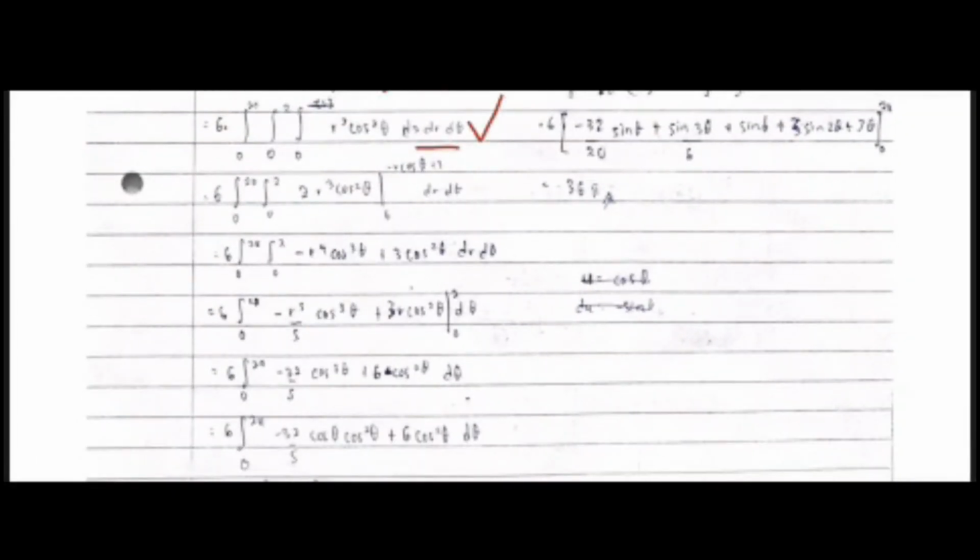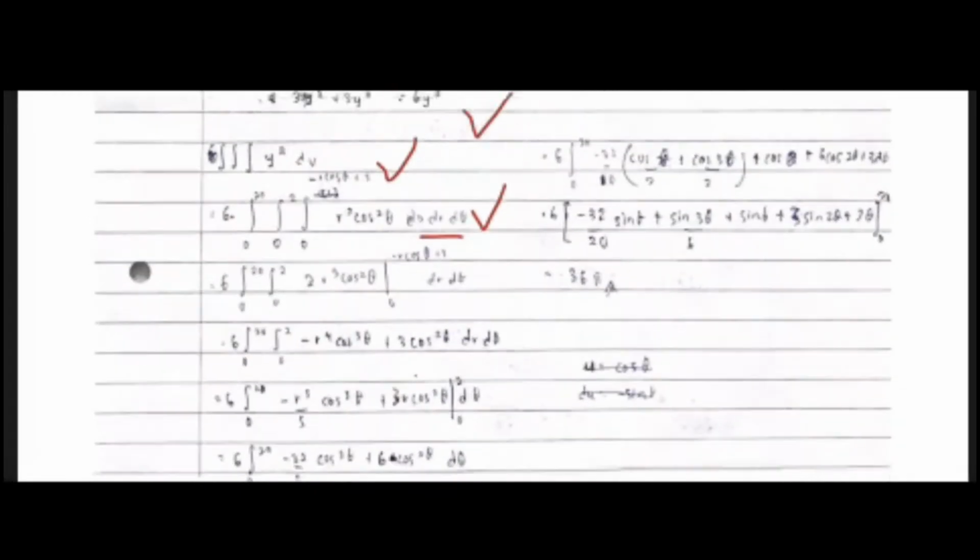It's quite a long integration because we need to integrate 3 times, with respect to dz, with respect to dr, with respect to d theta, and the last answer we'll get is 36 pi.